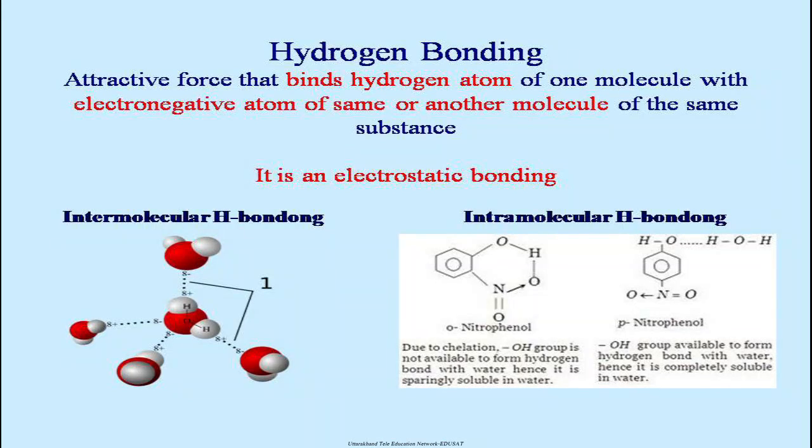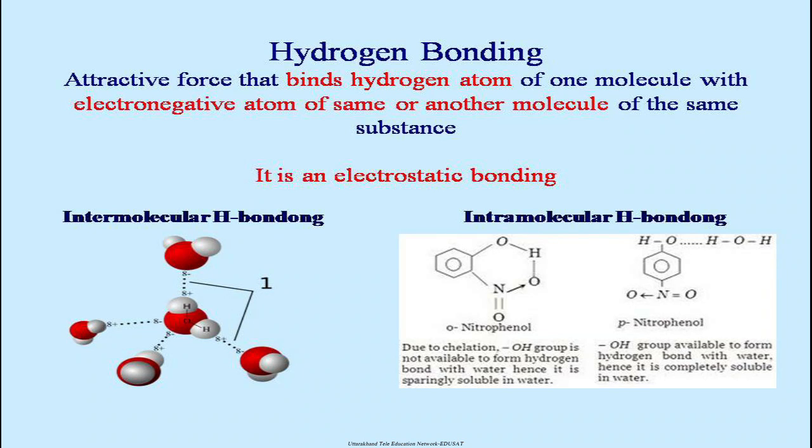For example, this is a water molecule, this is oxygen, and these two are hydrogen. Hydrogen bonding is the binding of the hydrogen atom of one molecule with an electronegative atom of the same or another molecule.